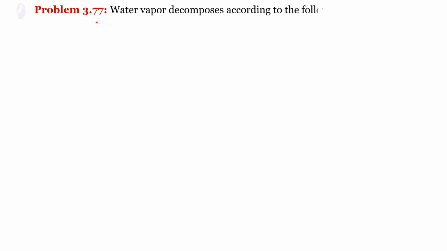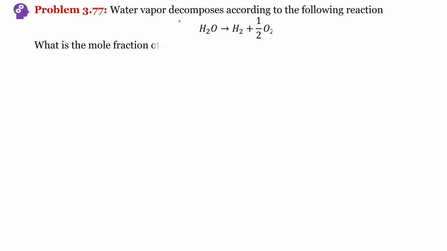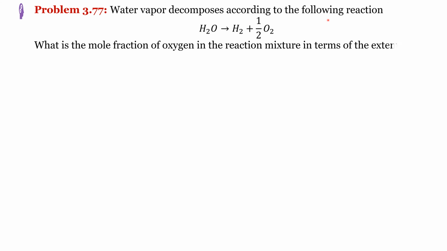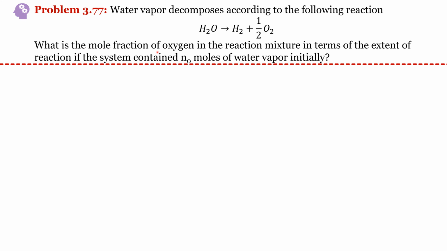Problem number 3.77. Water vapor decomposes according to the following reaction. Now, what is the mole fraction of oxygen in the reaction mixture in terms of extent of reaction if the system contained n naught moles of water vapor initially?